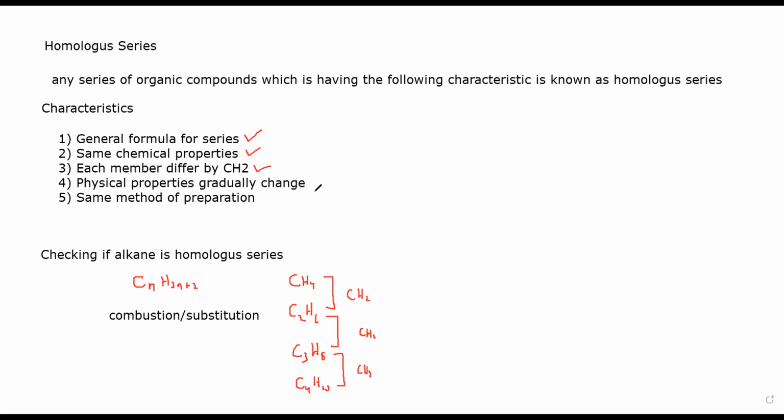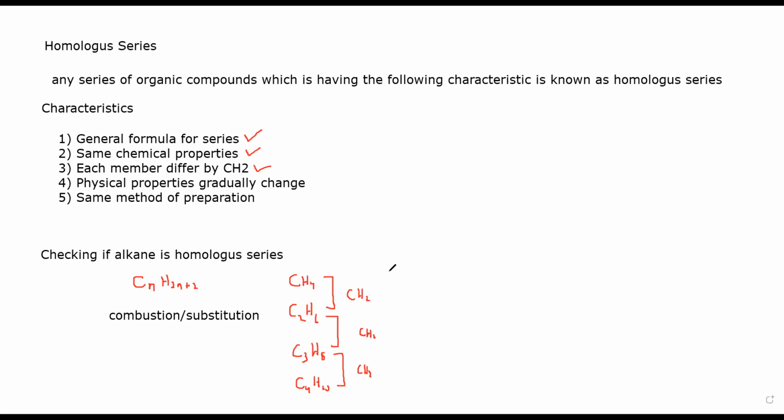Physical properties gradually change. Physical properties refer to melting point, boiling point, density. As the number of carbons increases, the boiling point will increase. This is just for explanation, I'm using these numbers, they are not the actual boiling points.